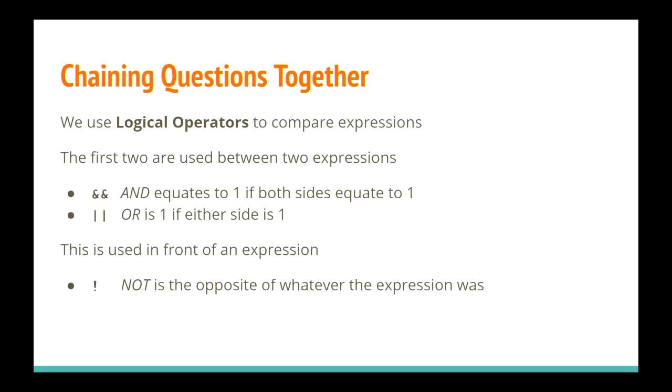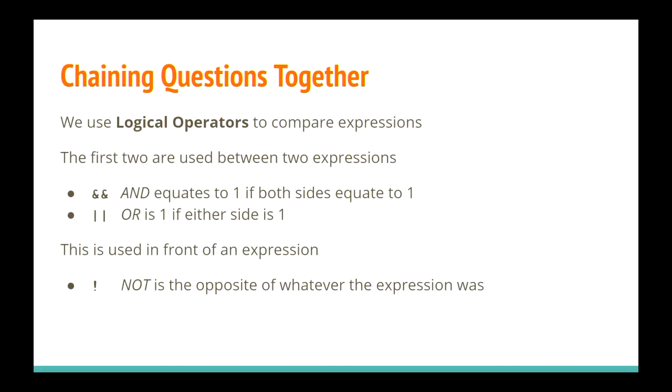Those of you doing electrical will see a lot of this, because these are gates. Two bits of voltage go in and one bit of voltage comes out. This is the same kind of thing, where we look at expressions on either side. The and is done first because it's higher on my list. If both sides are true, then the and is true, so it will equate to true or false, 1 or 0.